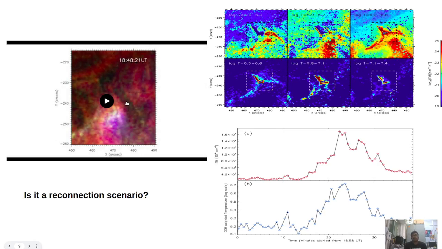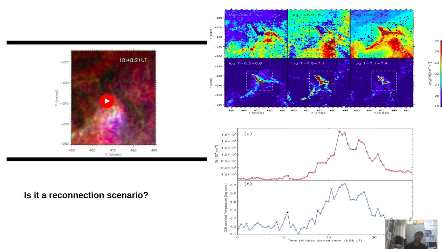So what we do when we do research is, you have an intensity image. Now you can calculate the differential emission measure in different temperature bands. Let's say you start from log T equals 5.6 to 5.9, which is very low, and then go to a higher temperature of 10 to the power 7 to 7.4.